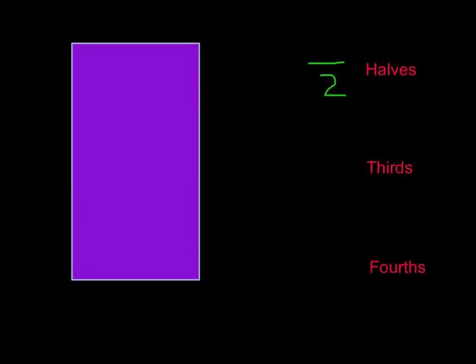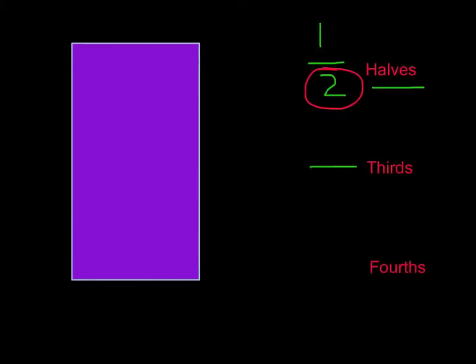And our example was that we ate 1 out of 2, so we made the fraction 1/2. Okay? So again, if you divide something in the halves, you're actually dividing it into 2 pieces. So your bottom number on your fraction will always show how many pieces you have cut that object into.